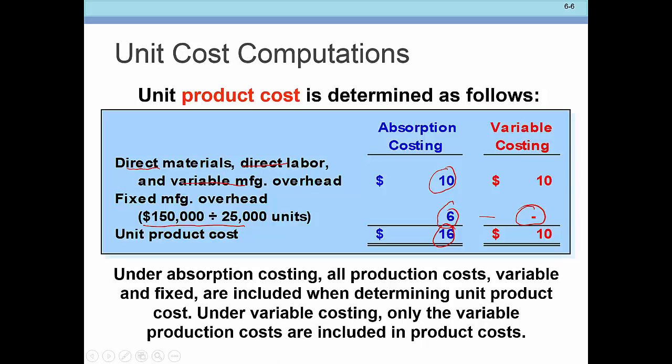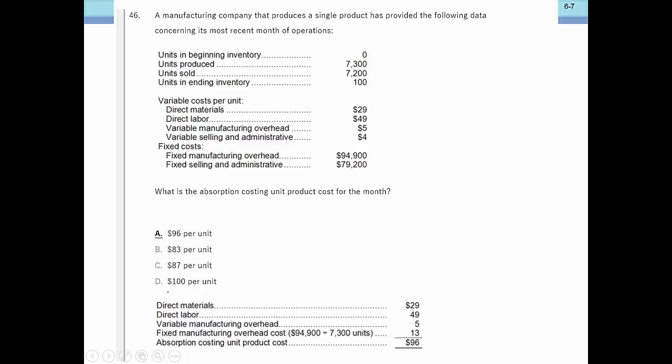Now we come over and take a look at this question.